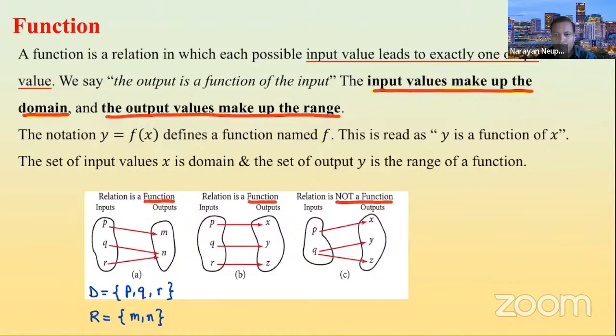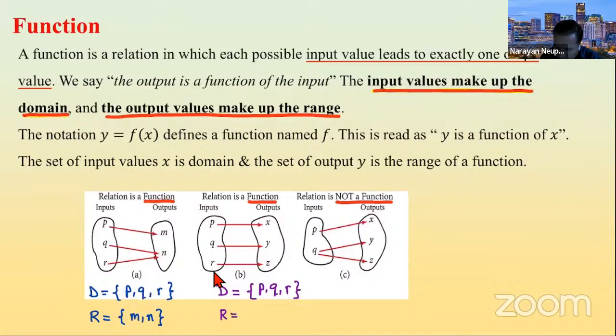They are the range. Similarly, for the second one, because the second mapping diagram also represents a function, the domain will be the set of input values. Here the input values are P, Q, and R. That is the domain.